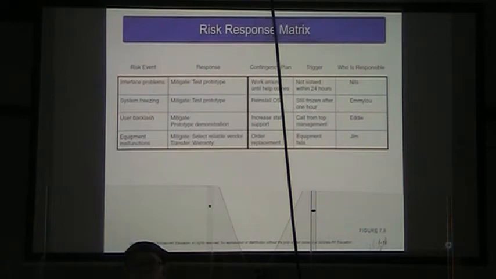Interface problems, we'll mitigate that by testing the prototype. If we are having interface problems, we're going to do a workaround until help comes. And what is the trigger? The trigger is if we can't solve those interface problems within 24 hours, and we're going to have Niles in charge of implementing that.